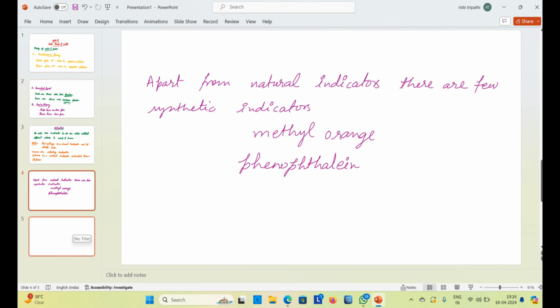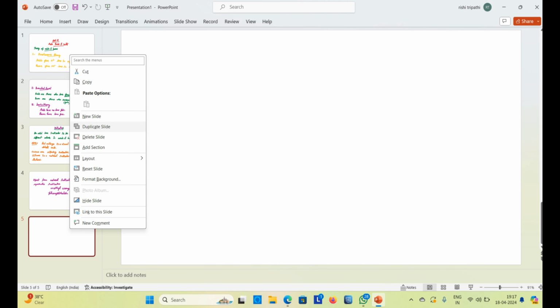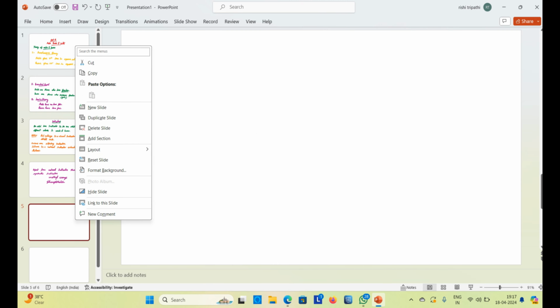Now, we will study first of all about the natural indicators.